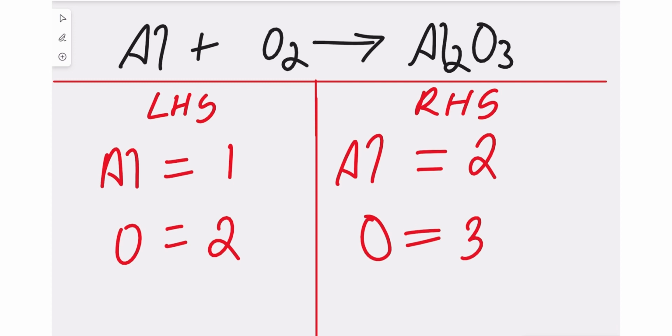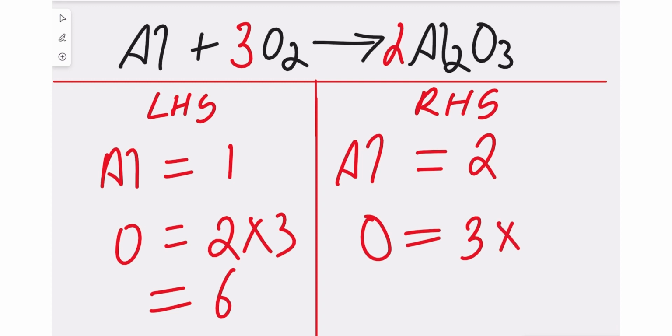So we're going to be adding 3 in front of O2 on the left hand side, which is going to make it 6 oxygen atoms. And to balance the oxygens on the right hand side, we're going to be adding 2 in front of Al2O3, which is going to be changing the oxygen atoms into 6. So now the oxygen atoms have been balanced.